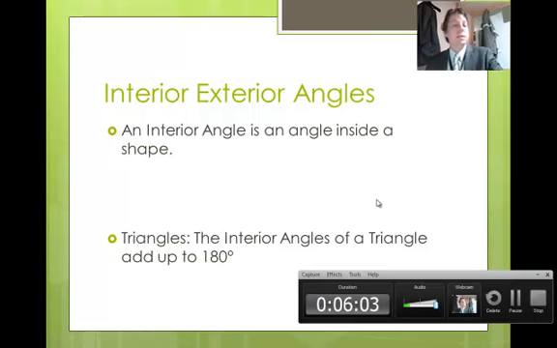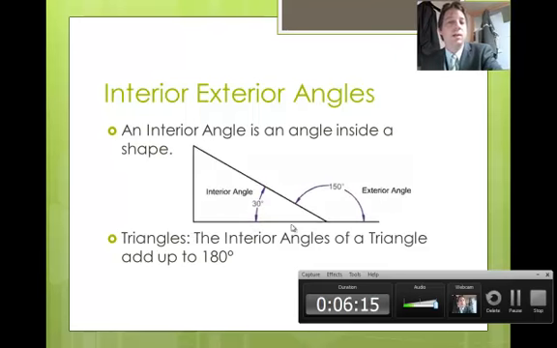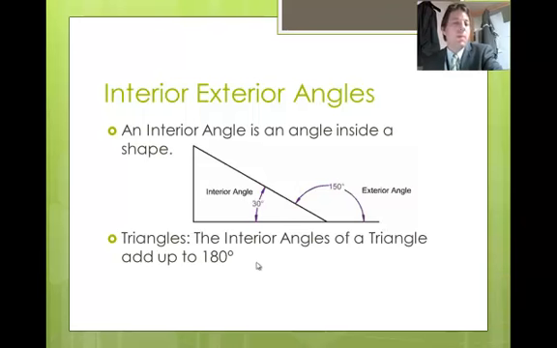Moving on to interior and exterior angles. An interior angle is an angle inside a shape, while the exterior angle is an angle outside the shape. As you can see here, inside, outside, but the baseline continues. Triangles: this interior angle here is 30, this is 90.